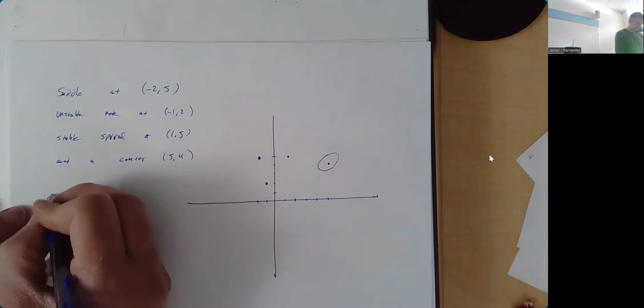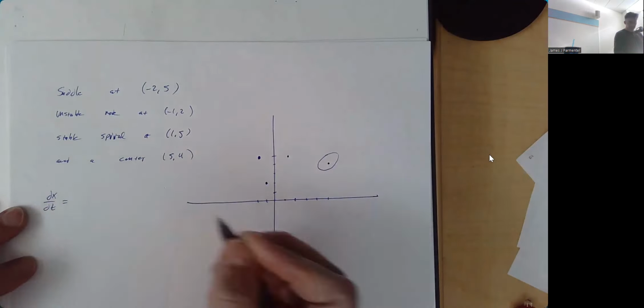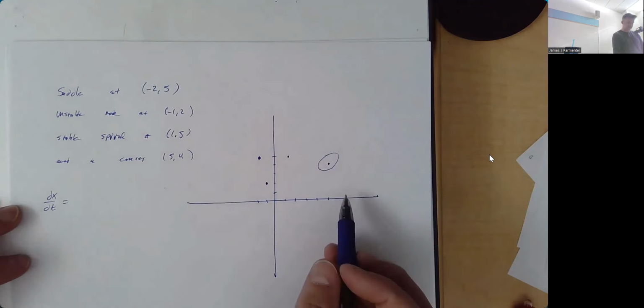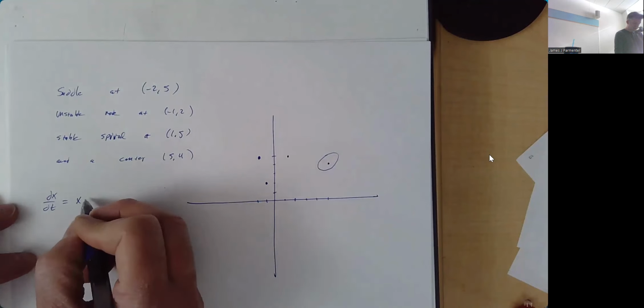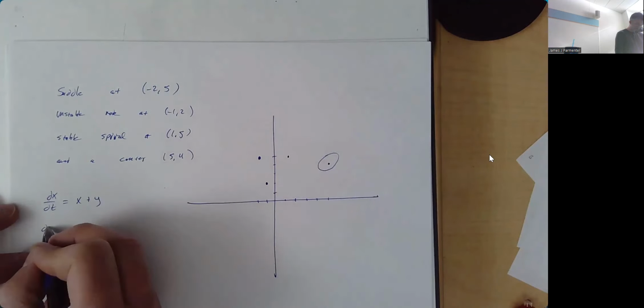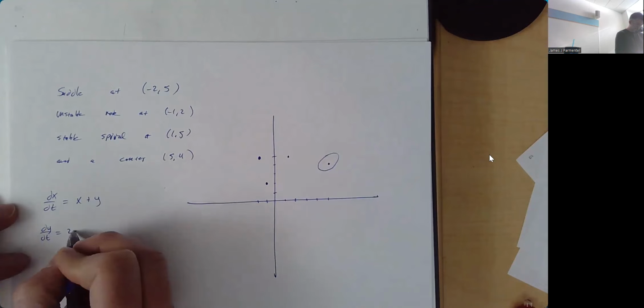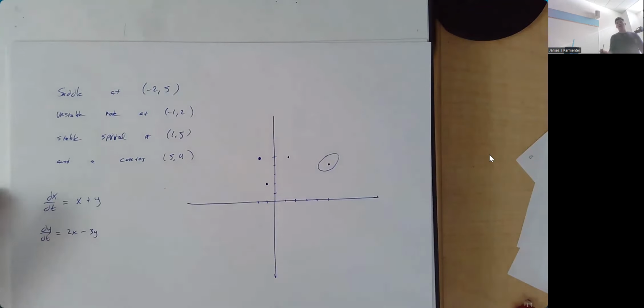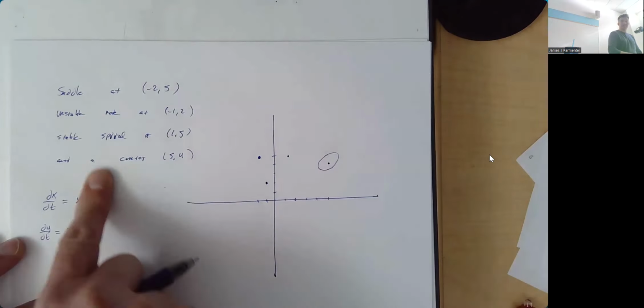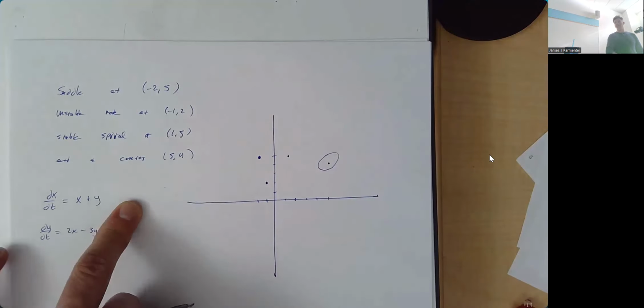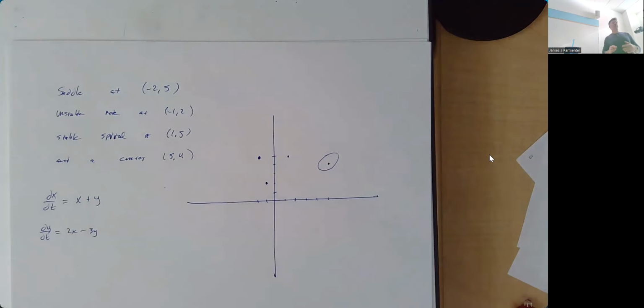Let's pretend that we had dx/dt equal to x plus y and dy/dt is 2x minus 3y. I'm quite well aware that these differential equations would not lead to all these equilibria, but we're just making something up.